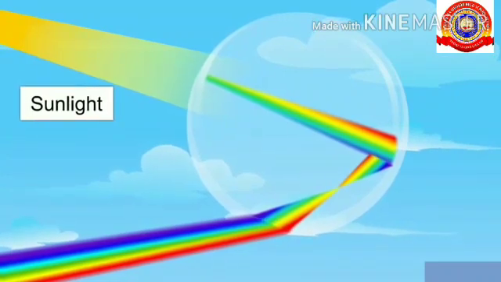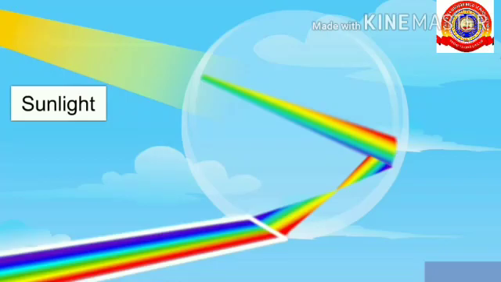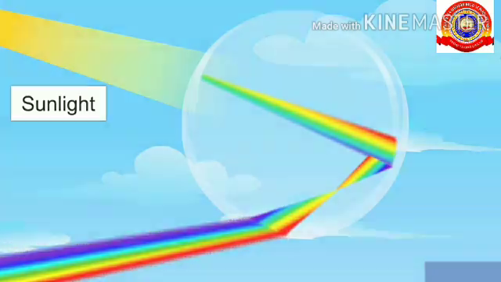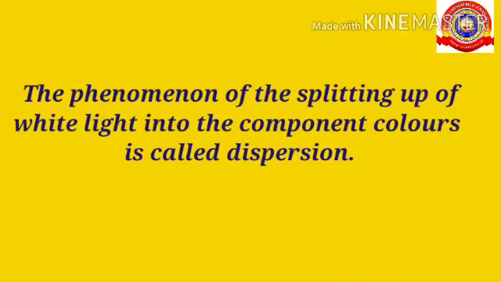The rainbow in the sky is due to the dispersion of sunlight by the water droplets present in the atmosphere. The phenomenon of splitting up of white light into its component colors is called dispersion.